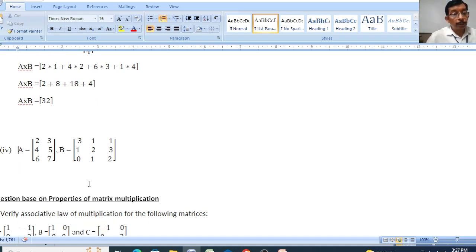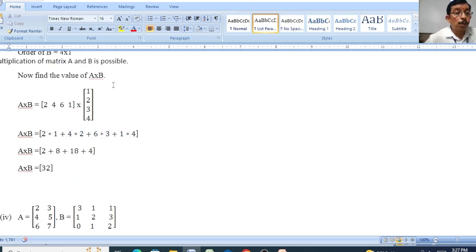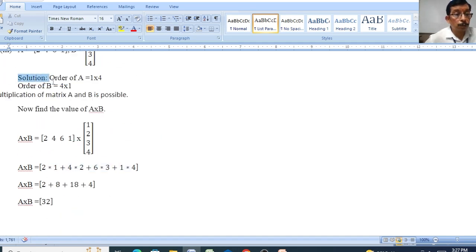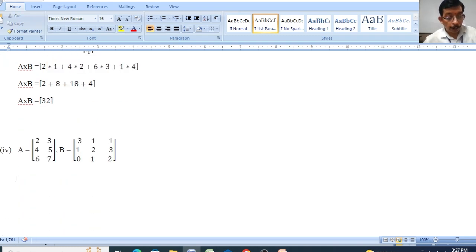A and B, find out the orders. Order of A is 3 rows, 2 columns.